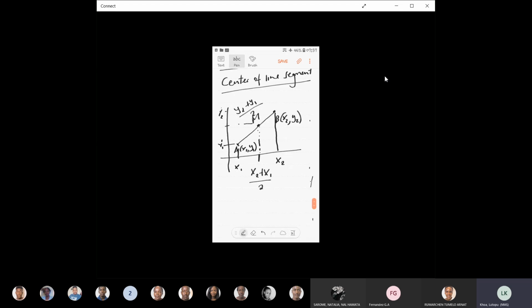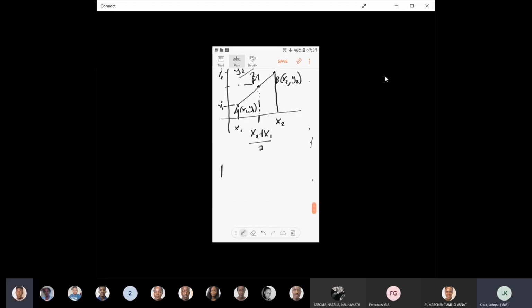We denote the midpoint with capital M. So the midpoint M of AB, the line segment connecting A and B, has coordinates (x1 plus x2 divided by 2, y1 plus y2 divided by 2).